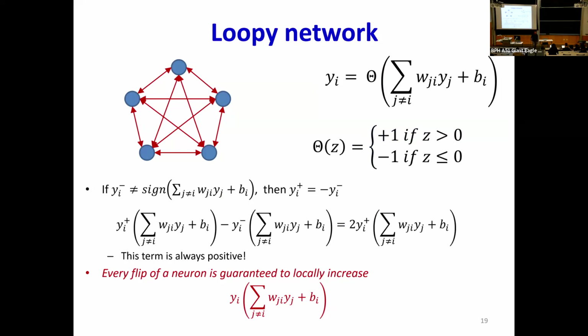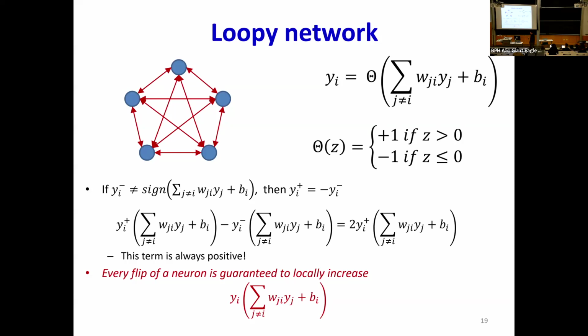So the overall y plus times field minus y minus times field is simply going to be 2 times y plus times field, because y minus and y plus are basically plus and minus 1 respectively. So every flip of a neuron is guaranteed to locally increase the product of the output of the neuron and the field at the neuron.